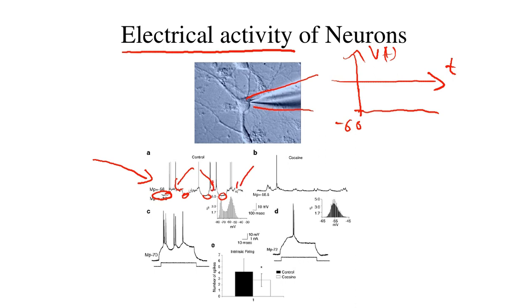So the voltage potential can switch between those two states, leading to some complicated behavior. You have here an example of a distribution of the time spent in the up and down state. Interestingly, if you give cocaine to the neuron, you see that this activity is completely abolished, and this is an irreversible process.